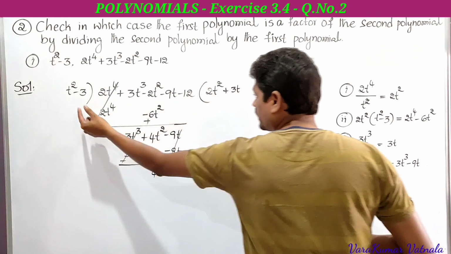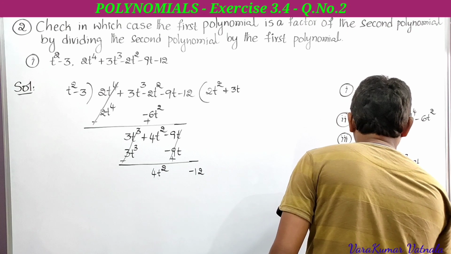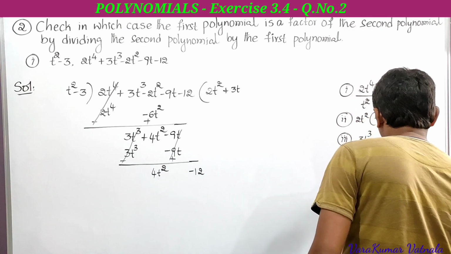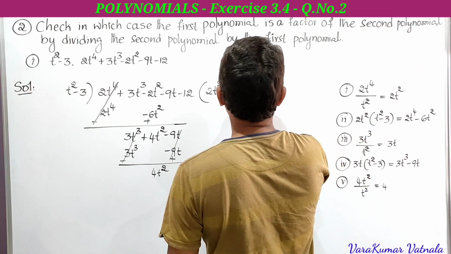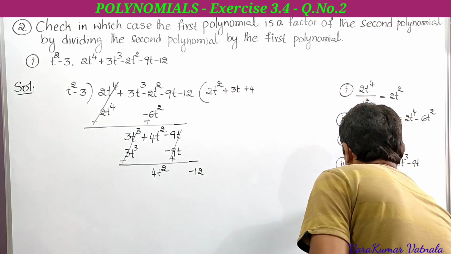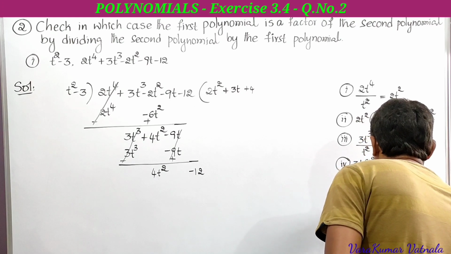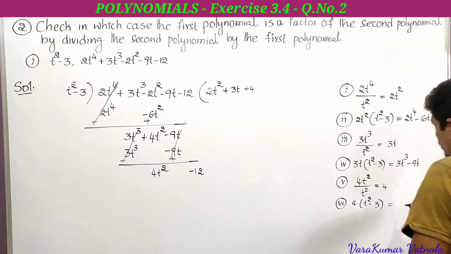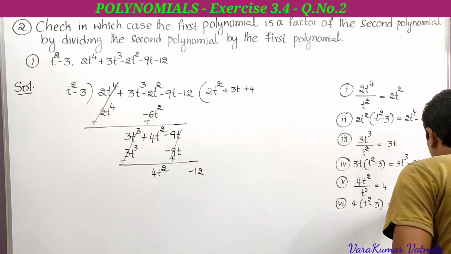Divide 4t square by t square again. So the first term, 4t square by t square, we can get 4. Write this 4 in the quotient area, so write plus 4. Multiply the divisor with 4. So we get 4 into t square minus 3, which is 4 into t square is 4t square, 4 into minus 3 is minus 12.